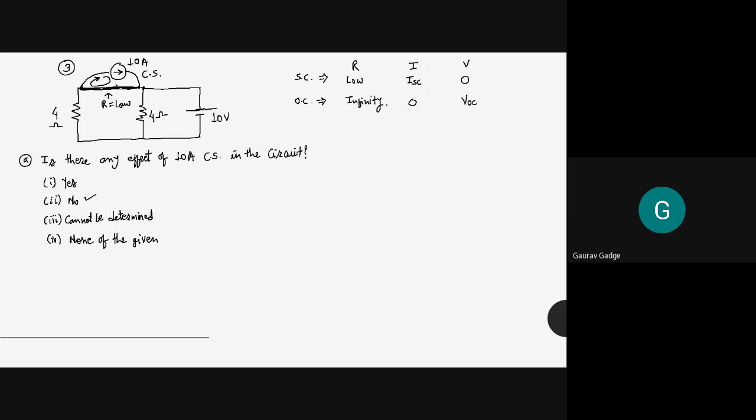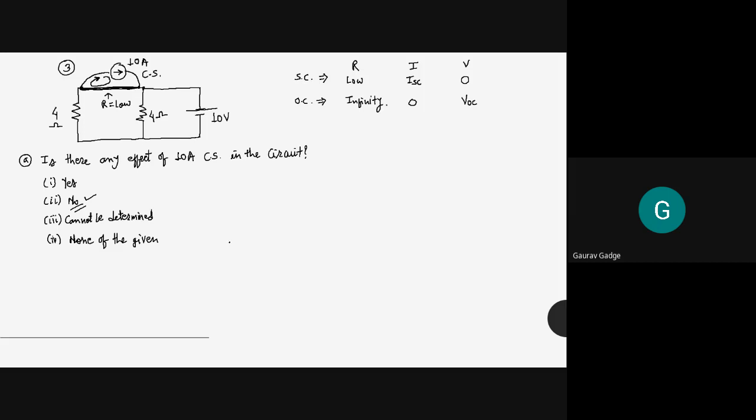That particular 10 ampere current experiences only this loop, and therefore it circulates in this loop only. So there is no effect of that 10 ampere current on the circuit, and therefore the option is no.